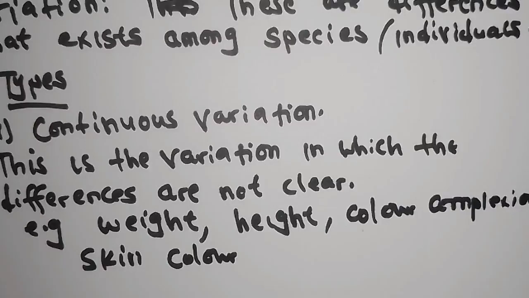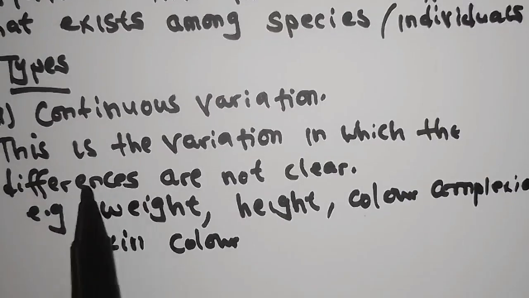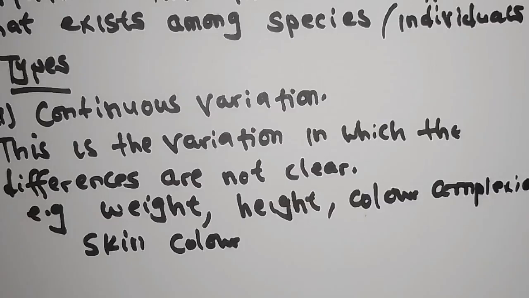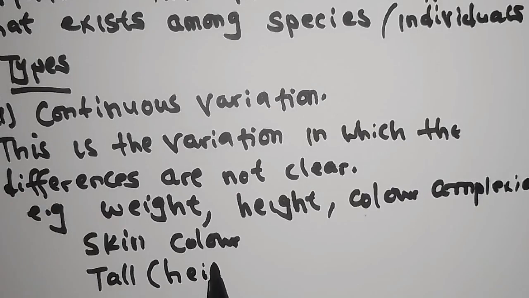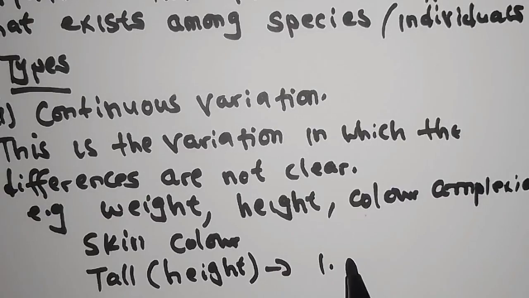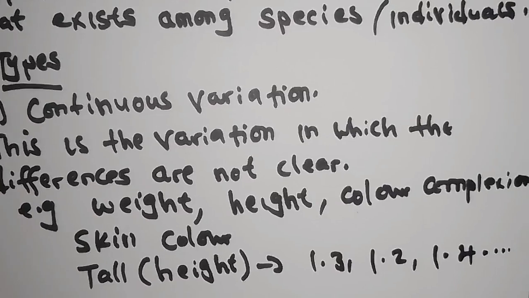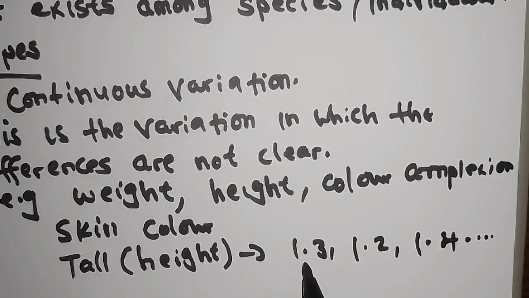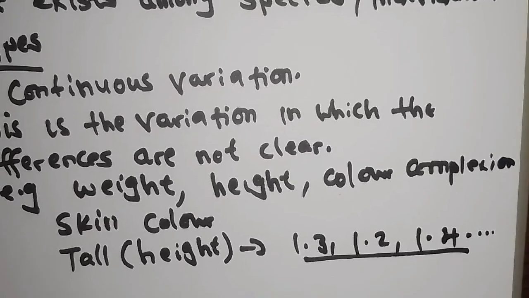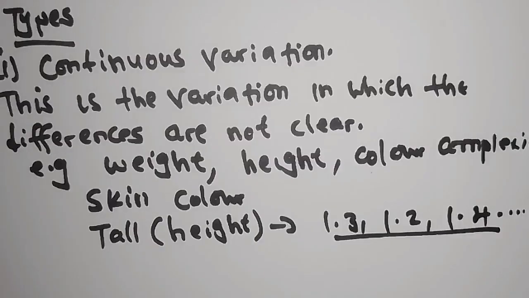So what this means is that the differences are not clear when you look at, for example, the tallness, or rather the height of individuals. You find that maybe someone is 1.3, the other one is 1.2, the other one is, let's say, 1.4, and just like that. So when you look at these numbers, it is basically like the differences do not exist.